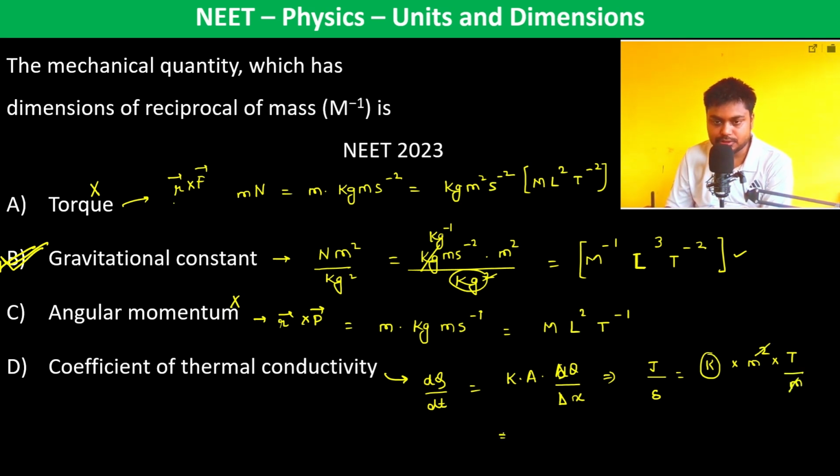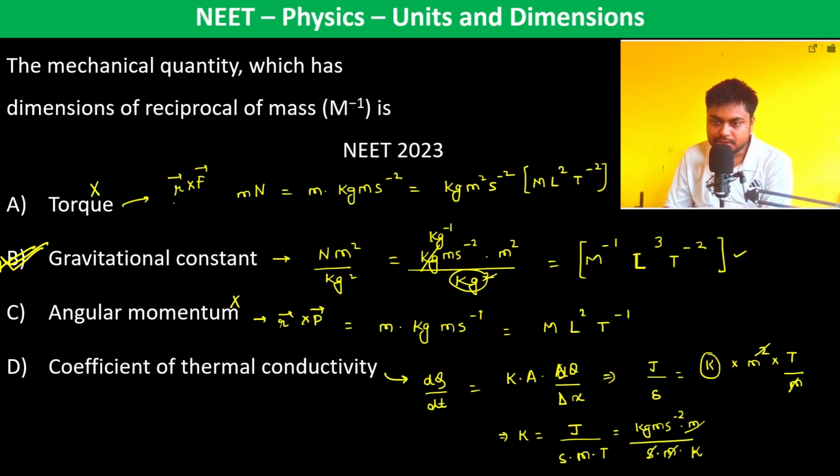So therefore the thermal conductivity is going to be joule divided by second into meter into temperature, which is Kelvin. So kg m s^-2 into m divided by second into meters into Kelvin.